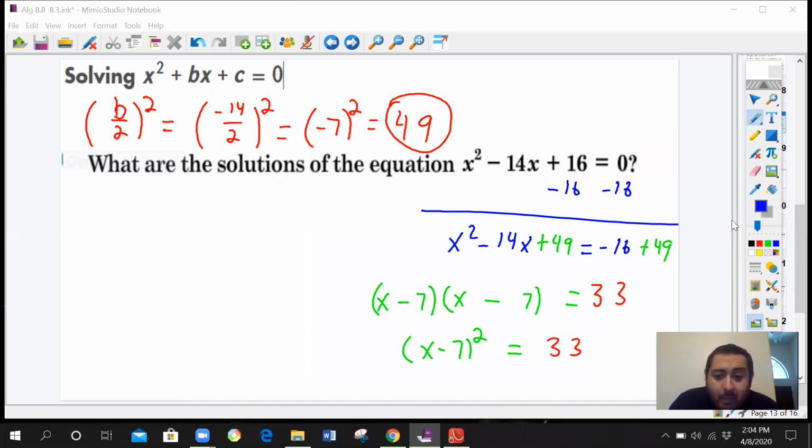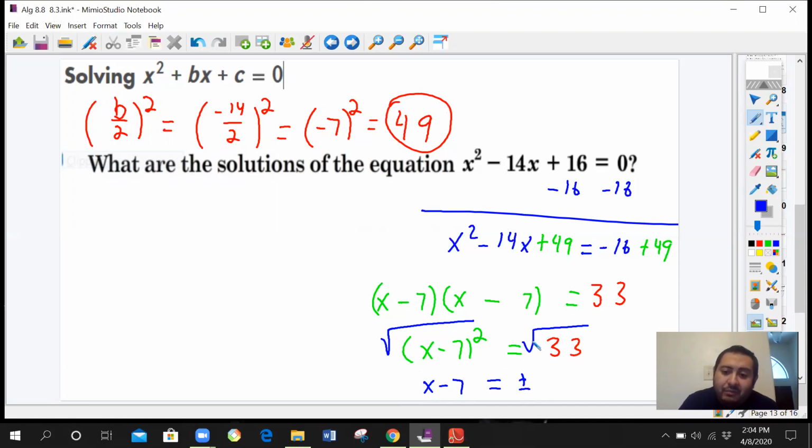All right, so what's the best way to eliminate the square? Well, by taking the square root on both sides. You end up with x. I can just eliminate the parentheses. You can just have x minus 7 equals plus and minus whatever you have here.